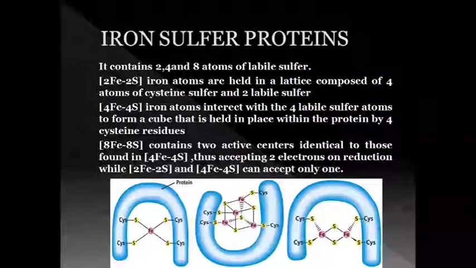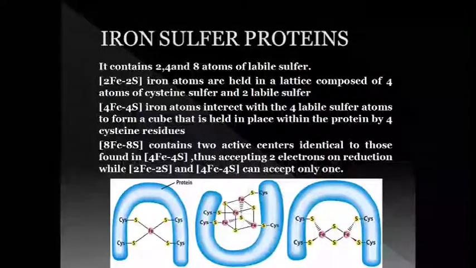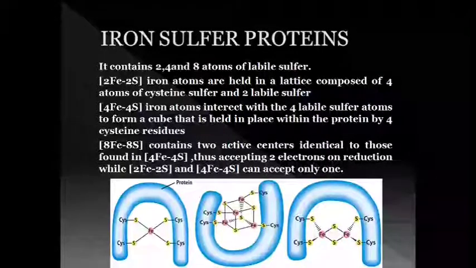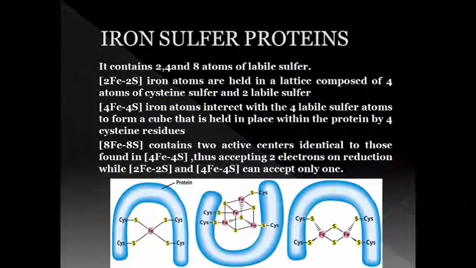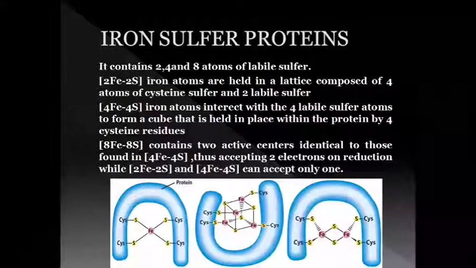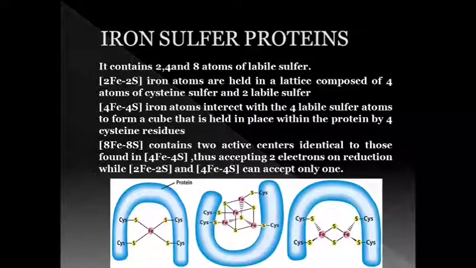Here iron atoms are found in a lattice made up of 4 atoms of cysteine sulfur and 2 labile sulfur. In the next cluster, 4 iron 4 sulfur, the iron atoms interact with the 4 labile sulfur atoms to form a cube that is held in place within the protein by 4 cysteine residues.